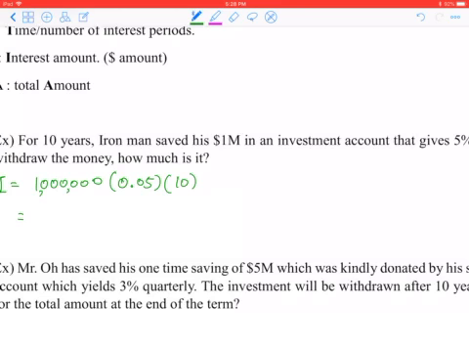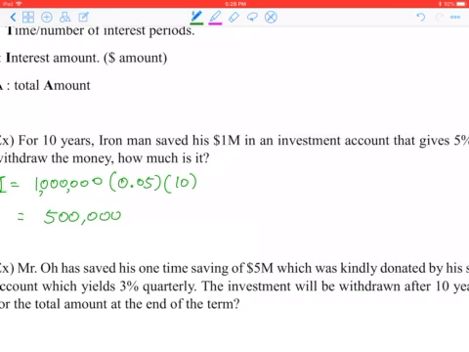So let's pull out my calculator and see what happens. According to my calculator, it's 1 million, that is 1 and 6 zeros, times 0.05 times 10. So that gives me, yes, 500,000. So after 10 years, his interest is 500,000.